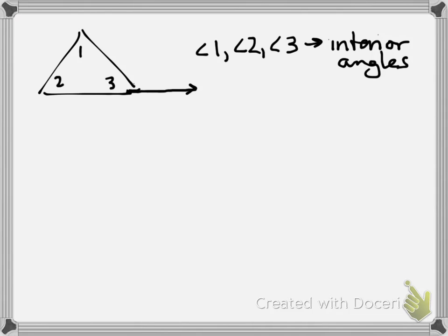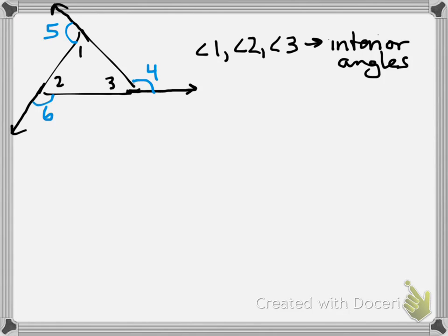And I create a new angle. And I can do that for each of my sides. I can extend and create a new angle on the outside. I can extend and create a new angle on the outside.